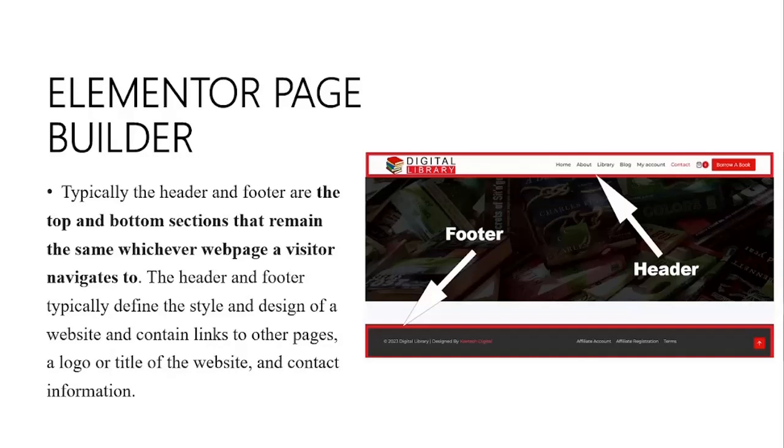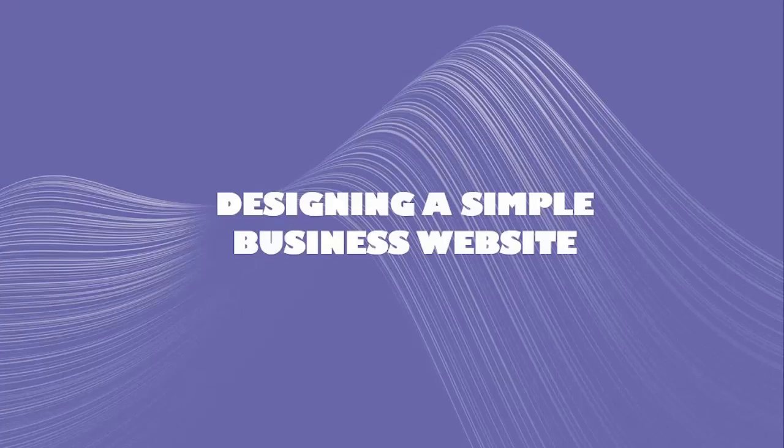We will look at more about headers and footers when we are designing a simple business website. So let's go to designing a simple business website, and then we will talk more about header and footer, and go through how to create a header and also how to create a footer.